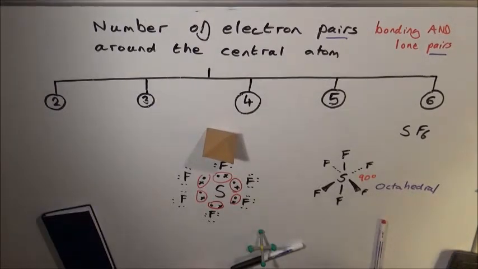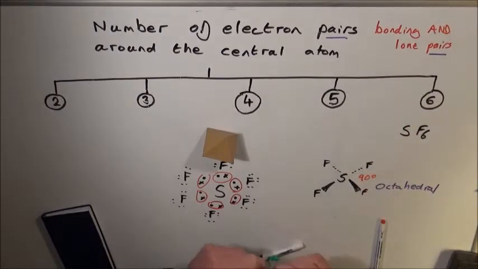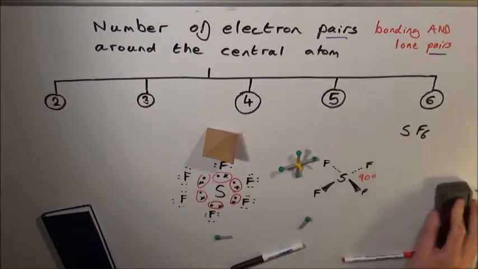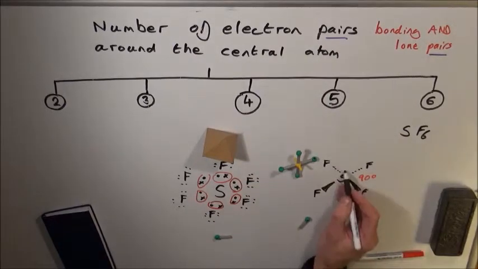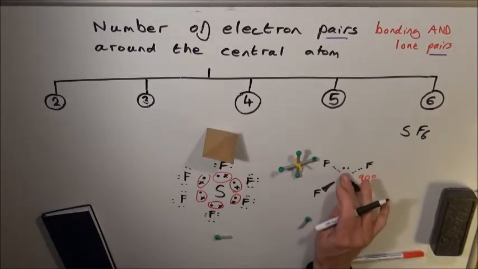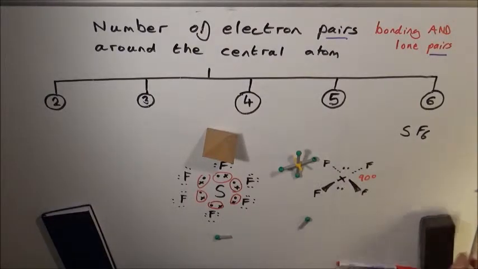Whereas if I, let's say I got rid of the ones above and below, so that it lies flat on the ground, sort of flat on the page, I would have a lone pair above and a lone pair below. So let's just make that X. Then that shape would be square planar. Just write that down for you.